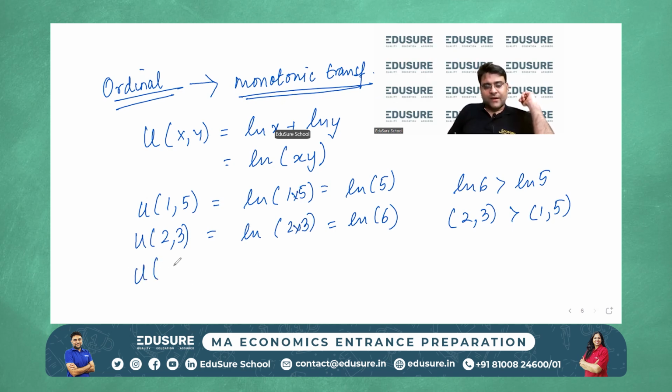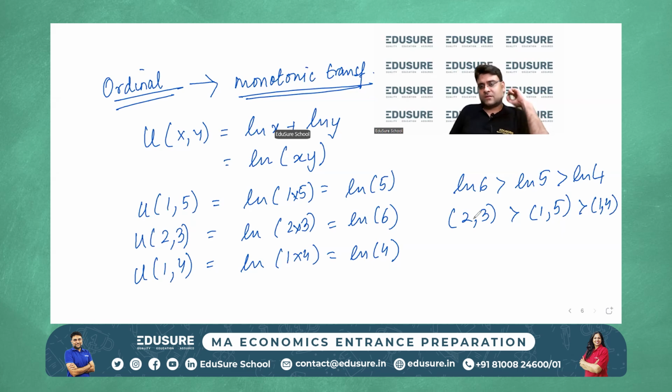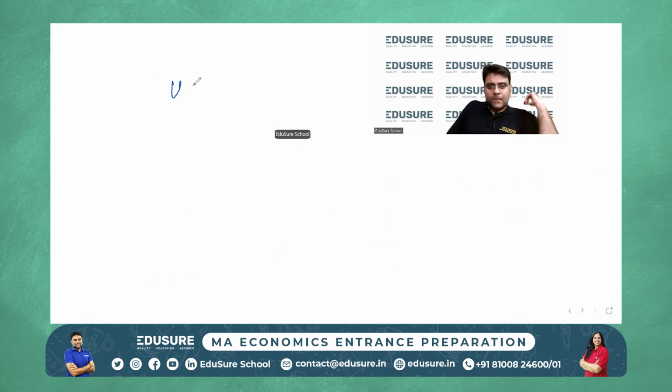And similarly, if I get another bundle, say (1, 4), log of 1 into 4 is ln 4. So I can say (2, 3) is preferred over (1, 5), which is preferred over (1, 4). Now, whether I take log xy or I simply take xy, let the utility be simply x into y.